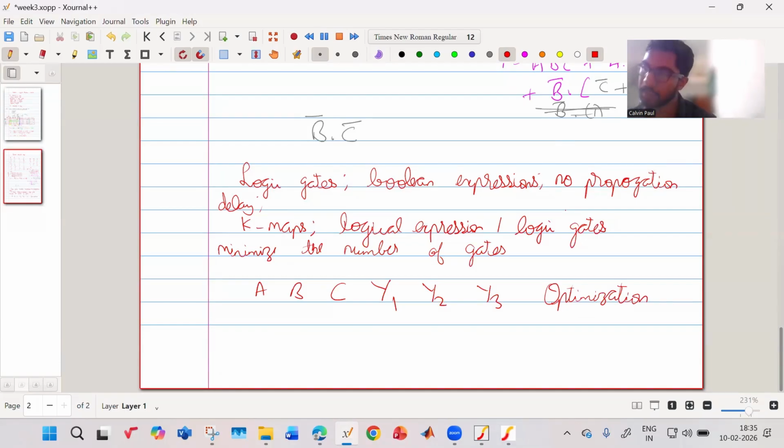Let us say you want to study digital electronics, analog electronics, control systems, VLSI, many things at a time. Then if you want to optimize your result, you should try to focus on those aspects which are common in all subjects.